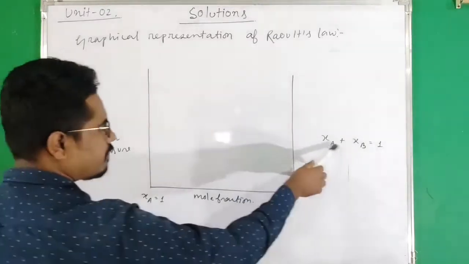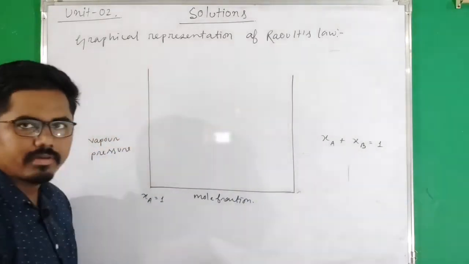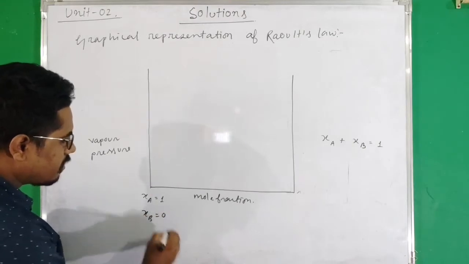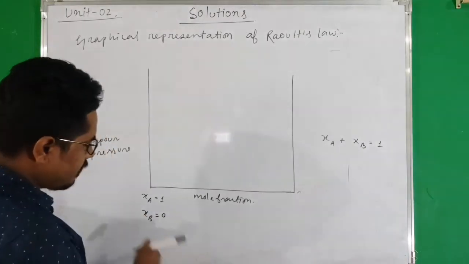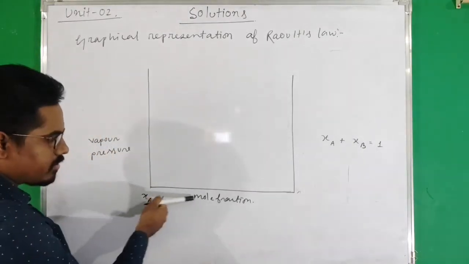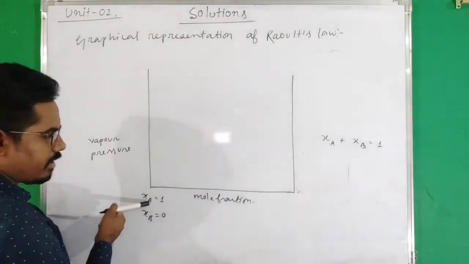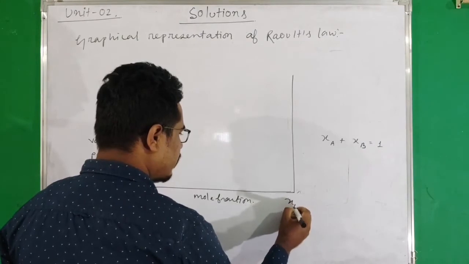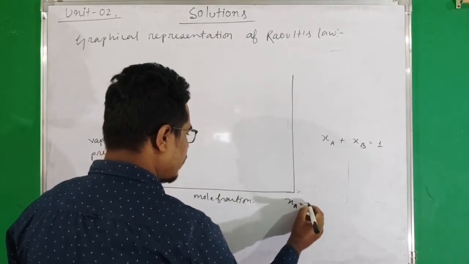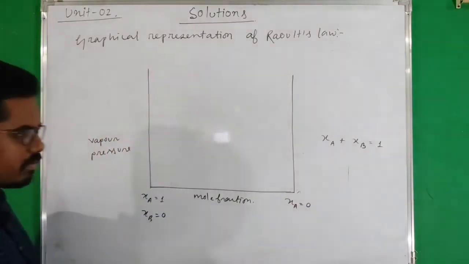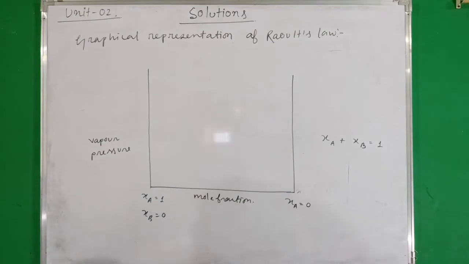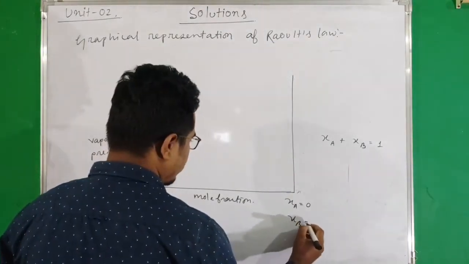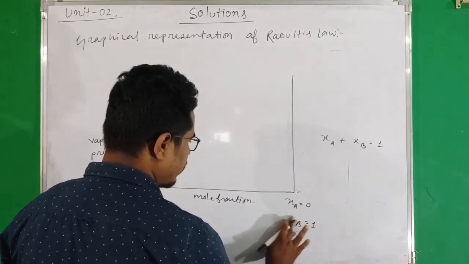Since the mole fraction of A is 1, therefore the mole fraction of B will become 0. Okay, suppose in this direction the mole fraction of A decreases, and at this particular point the mole fraction of A becomes 0. When the mole fraction of A is 0, then the mole fraction of B is equal to 1.